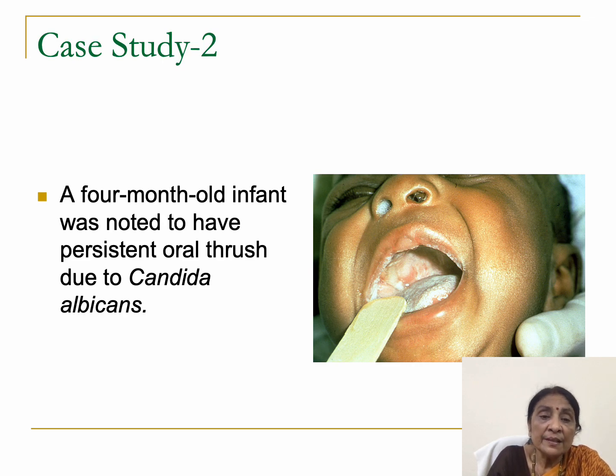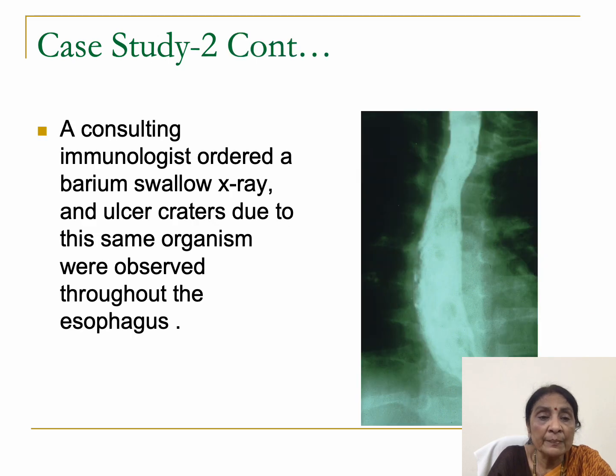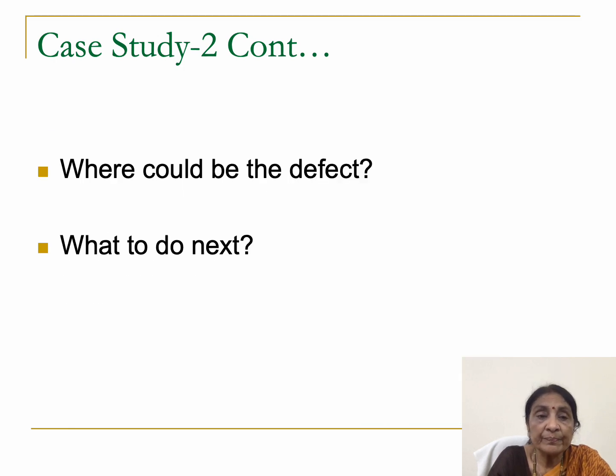This is another case. A 4-month-old infant was noted to have persistent oral thrush due to Candida albicans. A consulting immunologist ordered a barium swallow X-ray and ulcer craters due to the same organism were observed throughout the esophagus. Where could be the defect? What to do next?